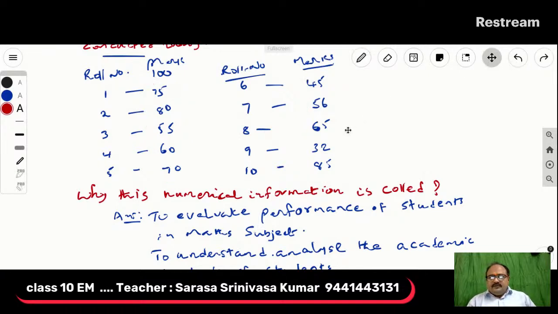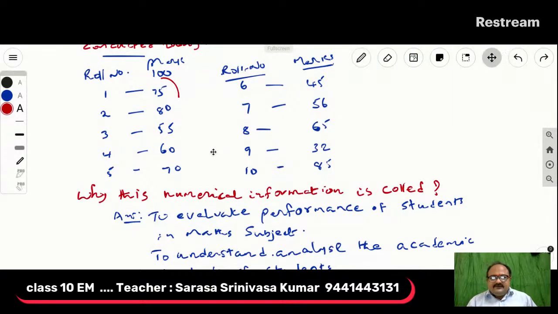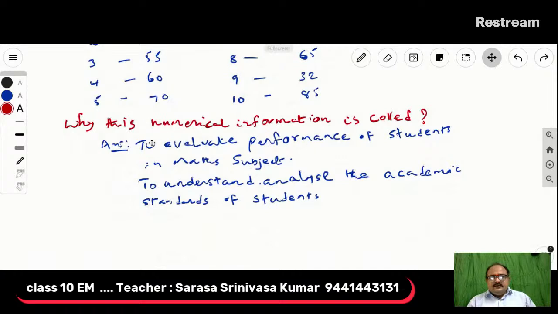So the numerical information are the facts. These are numerical figures. This information is collected with a definite purpose. That is, an examination is conducted and marks are awarded in numbers.